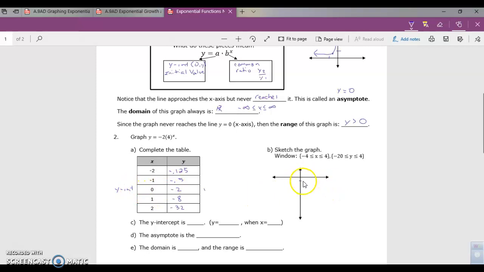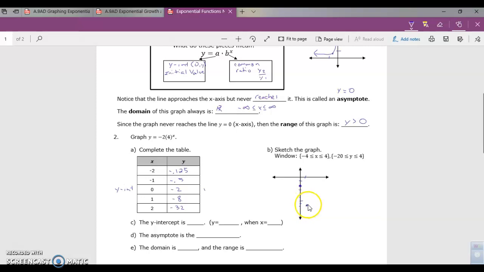Okay, so I would just plot that point. Okay, and then if you can plot any other points, that would be awesome. So that's -2. I know when x is 1, we're down at -8. Let's see if I can make it fit. 3, 4, 5, 6, 7, 8.